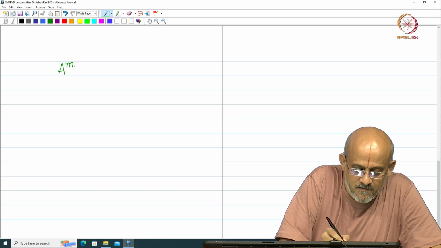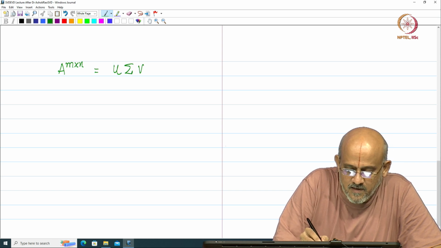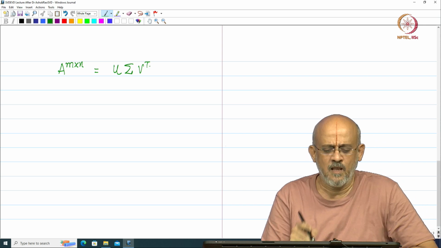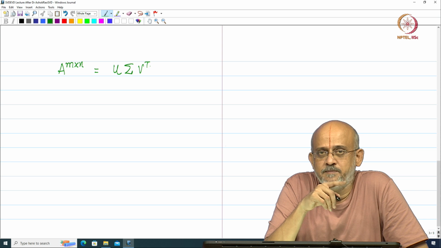where we had given A, m by n, we said that this can be written as U sigma V transpose. This exactly has the same representation like what we had there, which was P D P transpose.